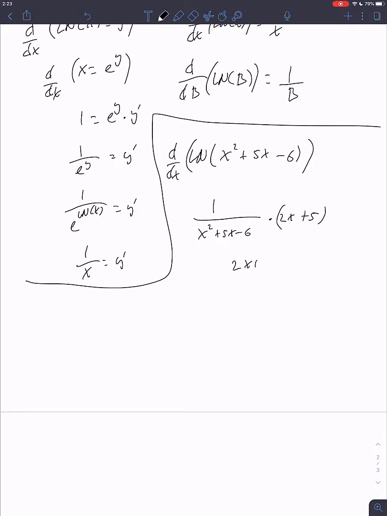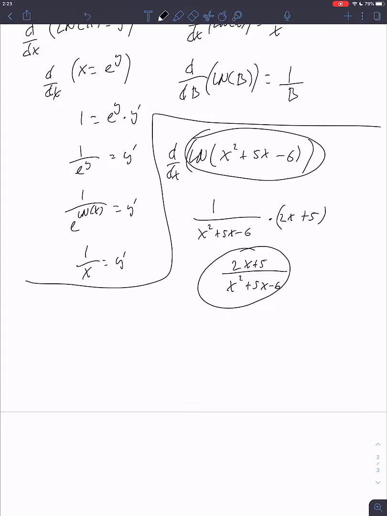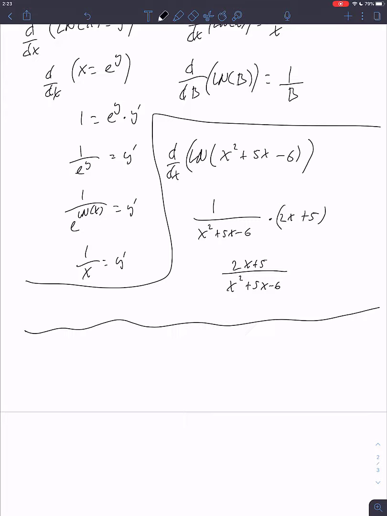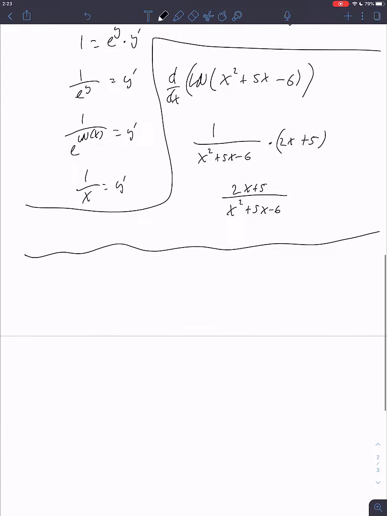This can be simplified by putting the 2x plus 5 in the numerator, and now we have a much cleaner expression. And this is the derivative of ln of x squared plus 5x minus 6.